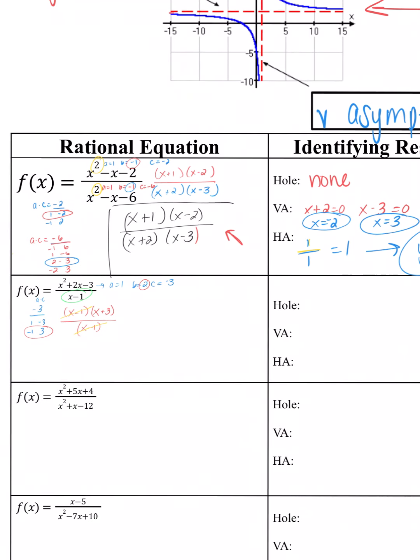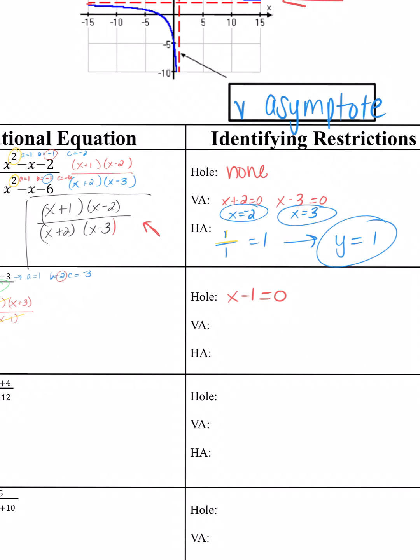Okay, so in this case, remember, when we are talking about a hole, we are talking about the part that's canceled out. In this case, only in the denominator. That's important, okay? In this case, our x minus 1 was canceled out. So we are going to say x minus 1 equals 0 in order to find my hole, okay?